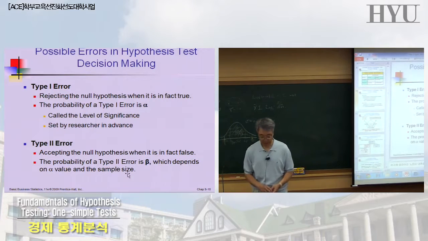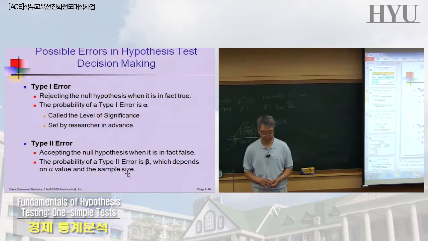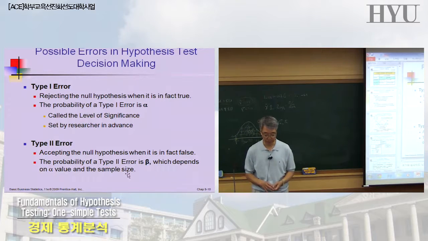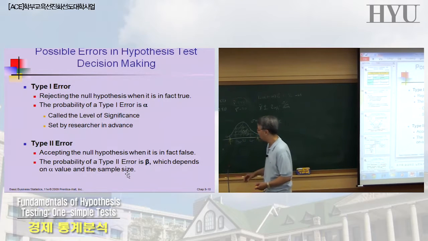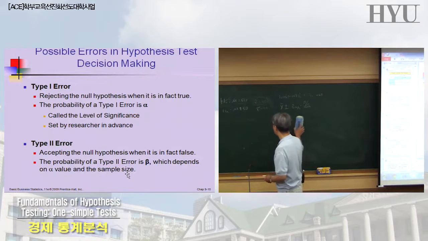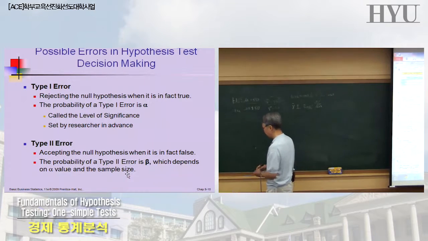So here's the definition of type 1 error and type 2 error: rejecting the null hypothesis when it is in fact true. And we call the probability of type 1 error alpha.